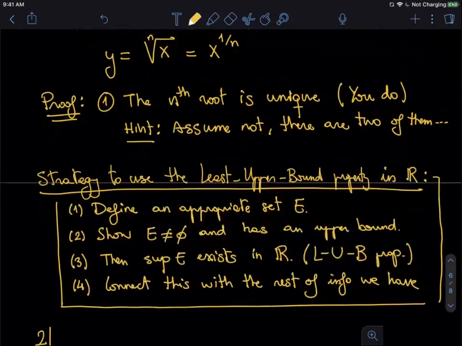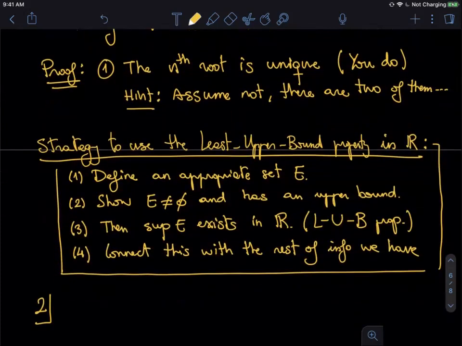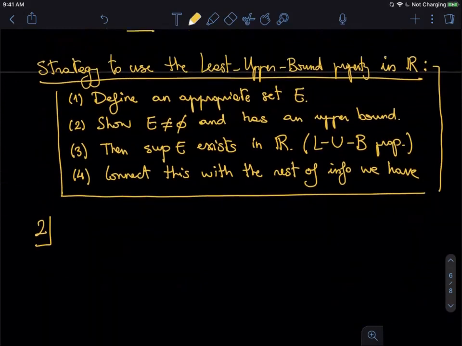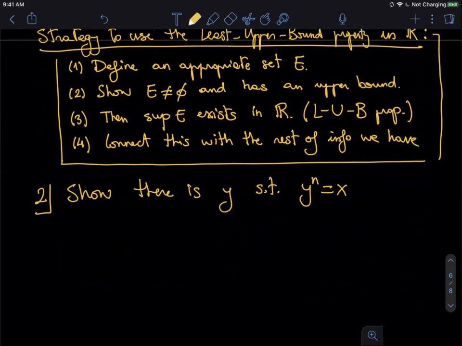So step one of the proof was to show the uniqueness. So let's show now that there is actually an nth root. We want to show there is y such that y to the n equals x. So for this, what is the idea?